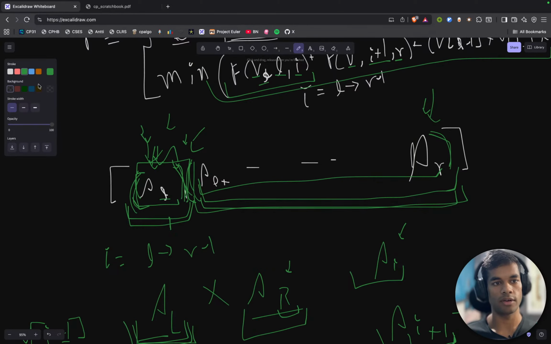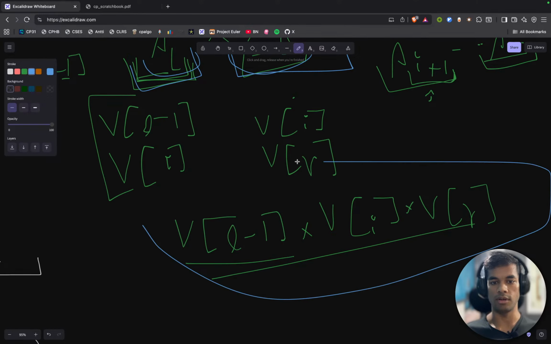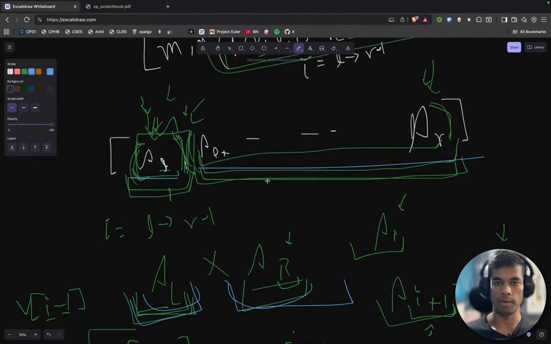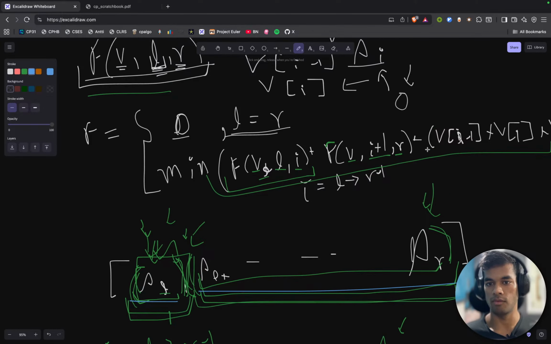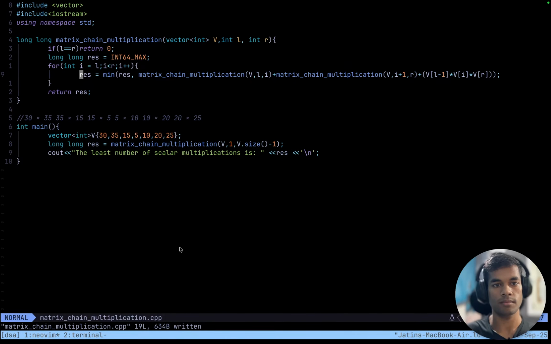So we first multiply the left part, then the right part, and then the matrices that we get from multiplying the left part and the right part. This will be the number of scalar multiplications performed when multiplying those left and right parts, which is represented by VL minus 1 into VI and then into VR, and that is what we do here.